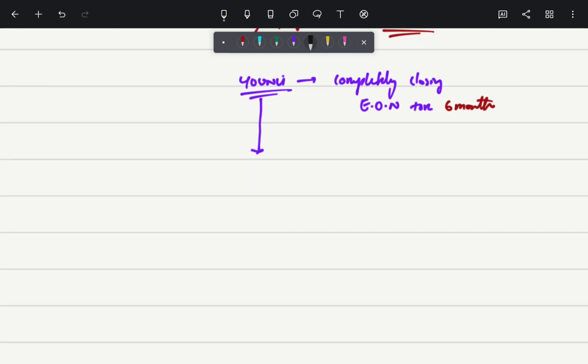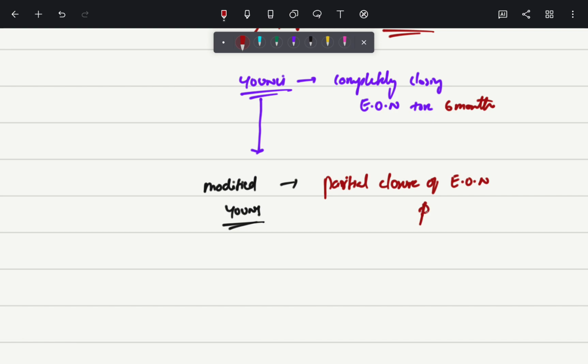Whereas in the case of modified Young's procedure, we will do a partial closure of the external opening of the nose permanently.